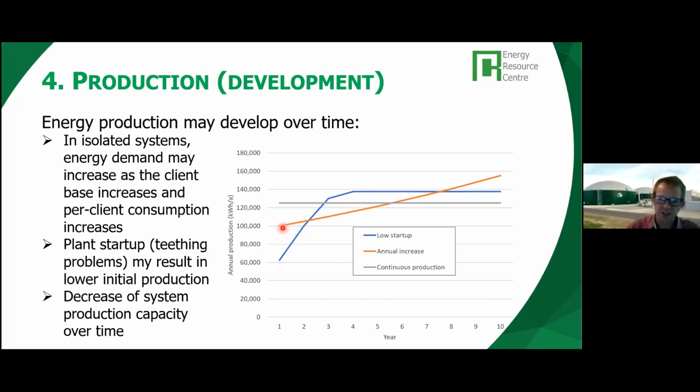Then we have a scenario with an annual increase, starting from a certain level and then increasing over time with, I believe, a 5 or 10% increase per year. And we have a continuous production scenario. So, for example, you have a factory that is producing at a more or less constant production output with more or less constant energy demands, which will result in a flat energy demand over time.